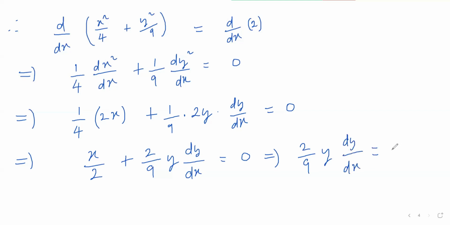And then on the right, we've got minus x over 2. So we subtract x over 2 from both sides. And then we are left with this. So now we divide both sides by 2 over 9 times y. And that gives us the following.